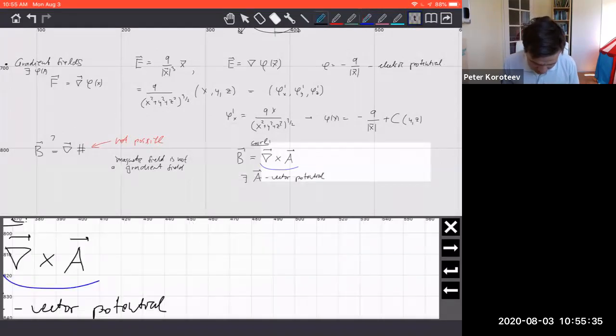And so it would look like this. You need to calculate the determinant in 3 dimensions, right?